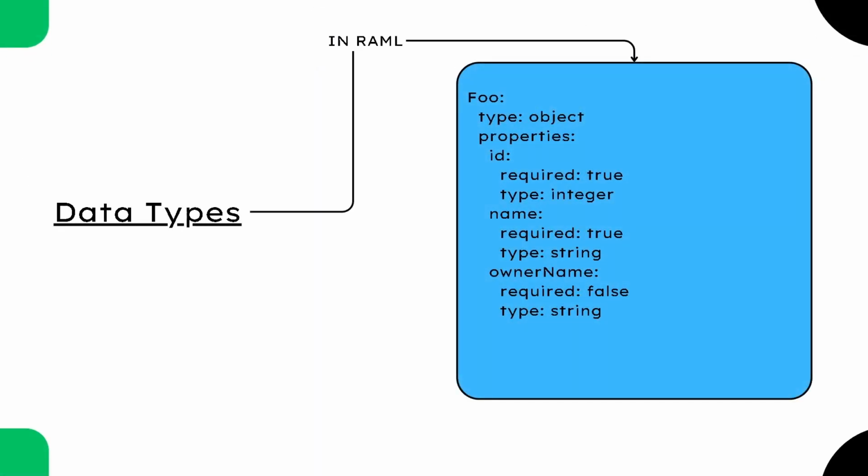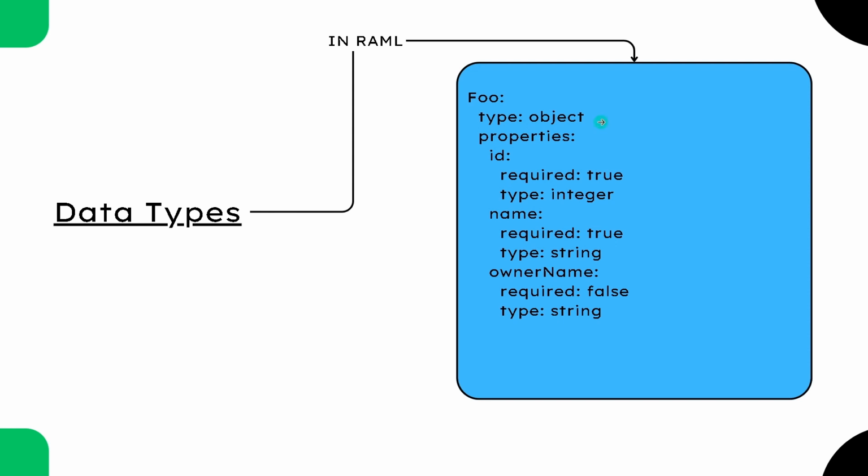So guys, data types. Data types are basically used to define what request and response structures you are going to get and you are going to provide to the client. So let's say here you can see we have specified type as object.